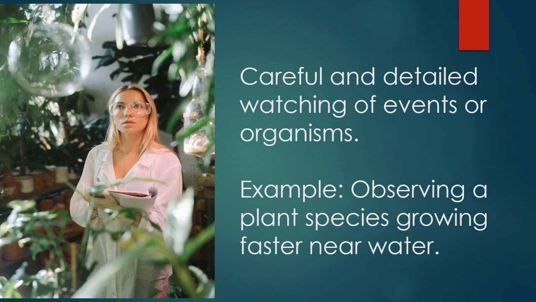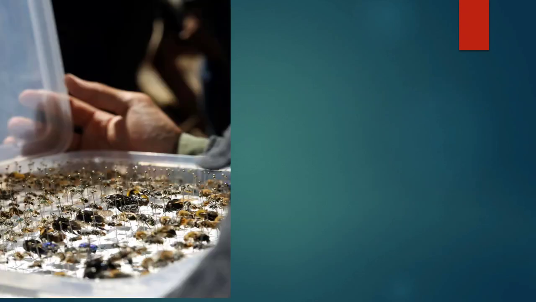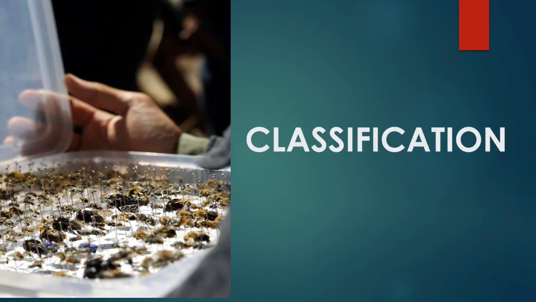For instance, observing a plant species growing faster near water. So you may look at it, what is actually making this plant grow very well? Okay, so you keep observing, you keep looking at it critically. So that is observation.